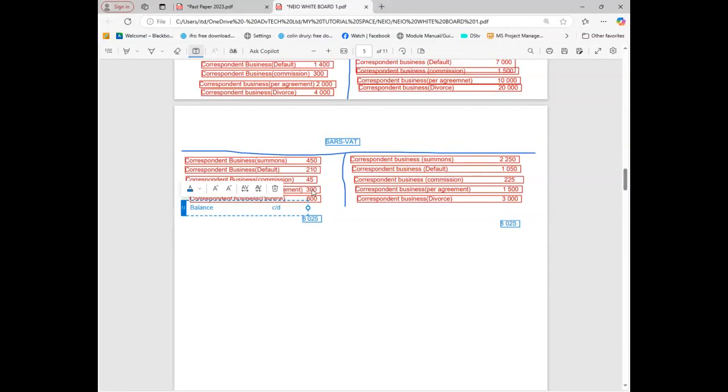No, hold on, I mixed it up, sorry. 8025 minus 450 plus 210 plus 45 plus 300 plus 600. Okay, the figure is 6420. Let me just do this. Yes. And then we must just do this here.